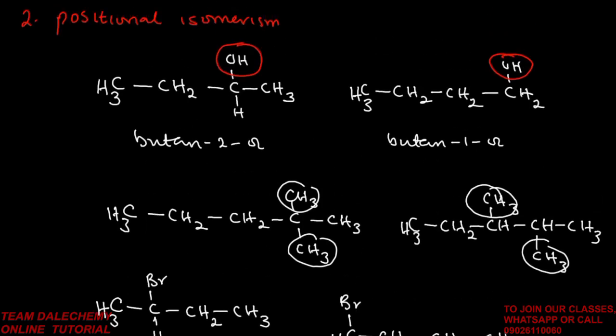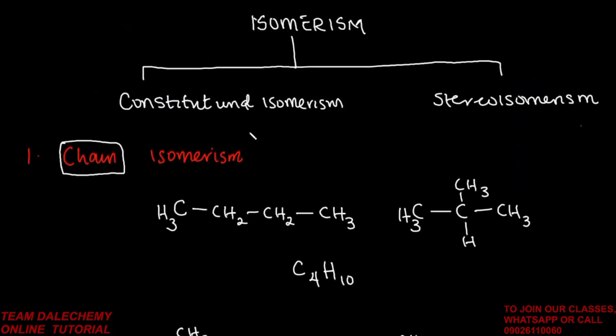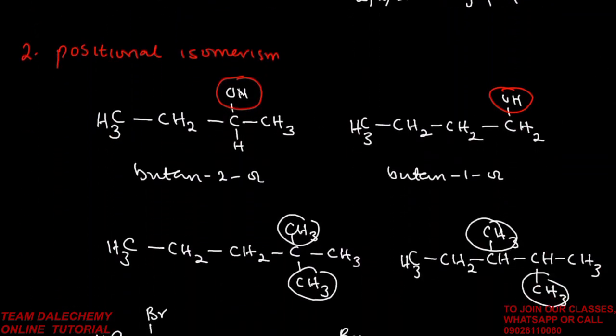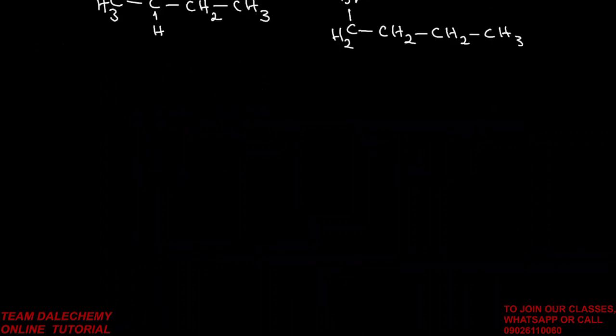Now don't forget, all of them are examples of constitutional isomers, which means they don't have the same bonding sequence. They are not connected the same way. You can see this is not connected the same way as this, and for this as well. If you check the positional isomers, they are not connected the same way. So the functional groups are not connected to the same carbon. So that is just a constitutional isomer.